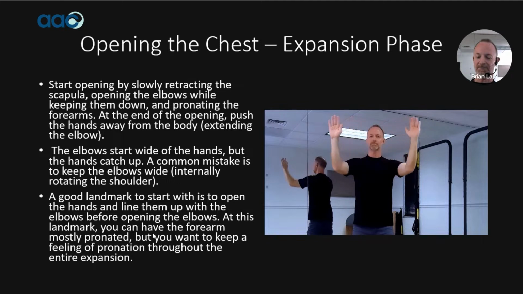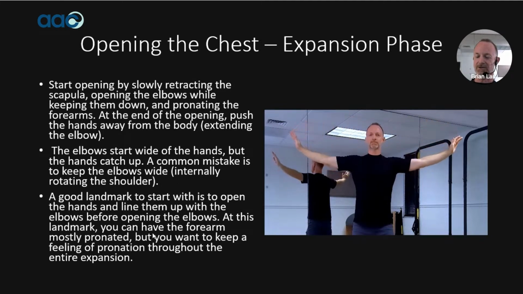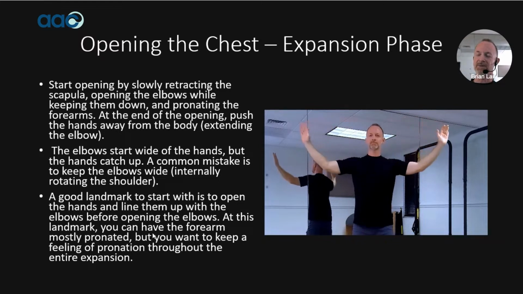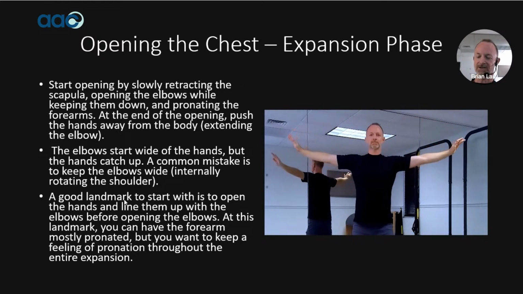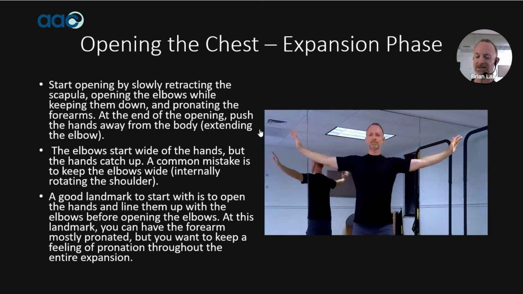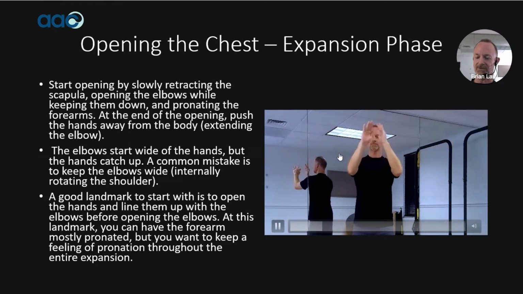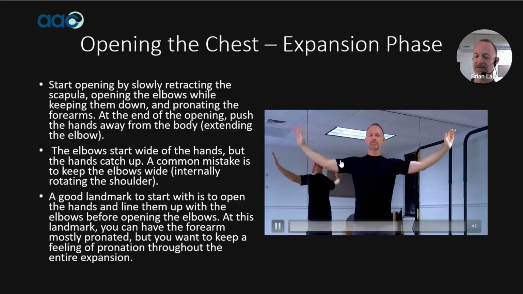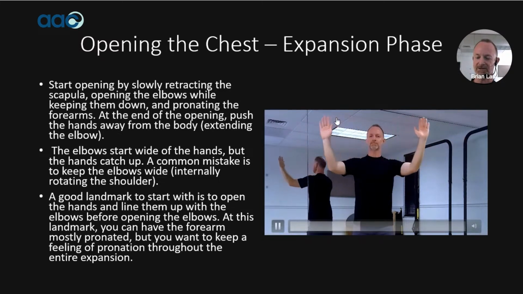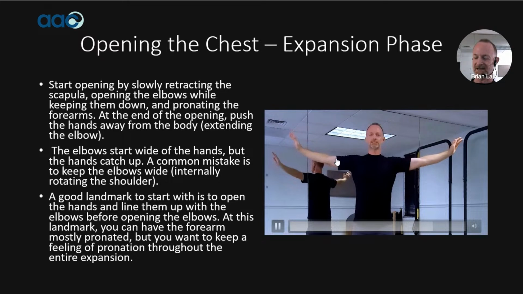So that's what I want to do: I want to keep the elbows down, and I want the hands to go wide to the elbows. There's a nice midpoint that you can notice where the hands line up right there. They line up with the elbows just on the side of the body. I'm going to put my cursor over it. So right here, there's a point in time where the hands and elbows line up, the hands are facing out.